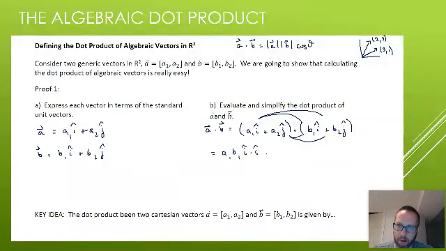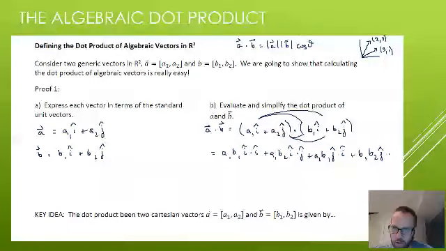Then the outside terms, plus A1, B2, i hat dotted with j hat. And then the inside terms, A2, B1, j hat dotted with i hat. And then from the last two, A2, B2, j hat dotted with j hat.